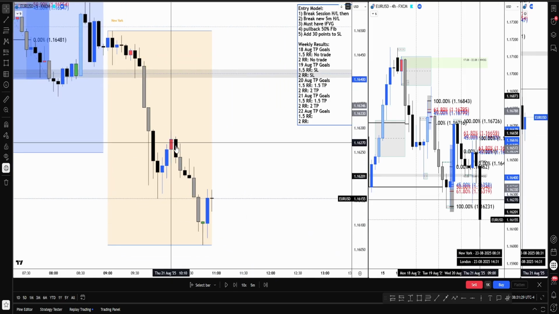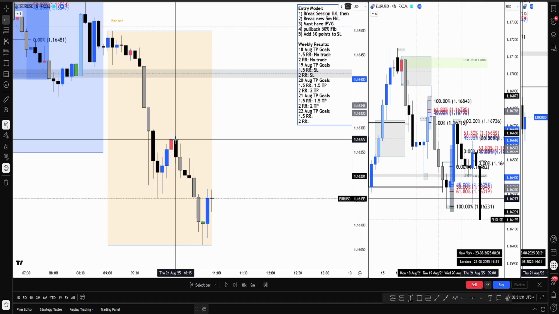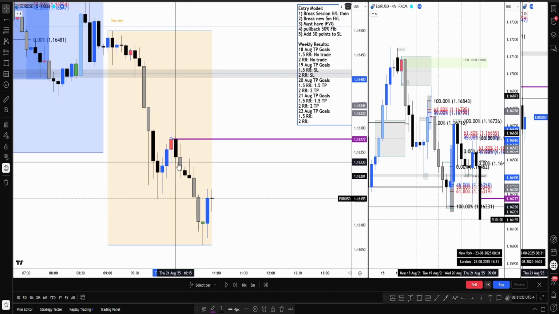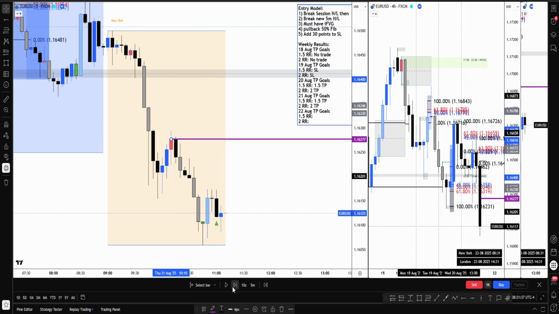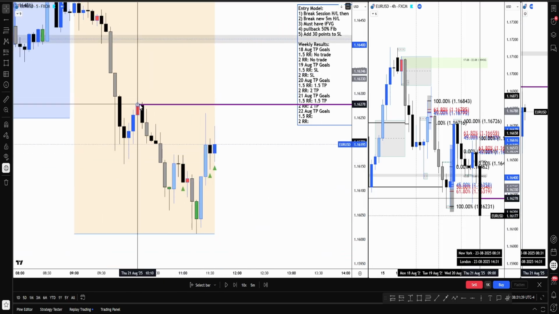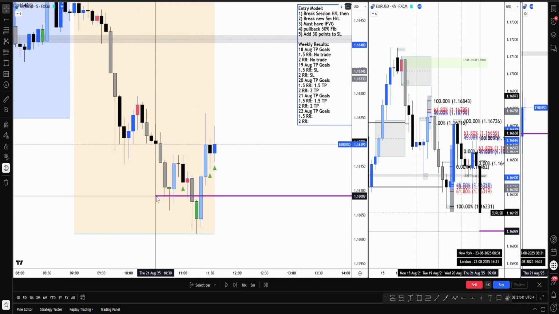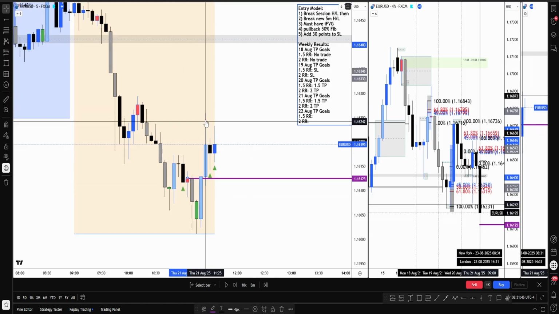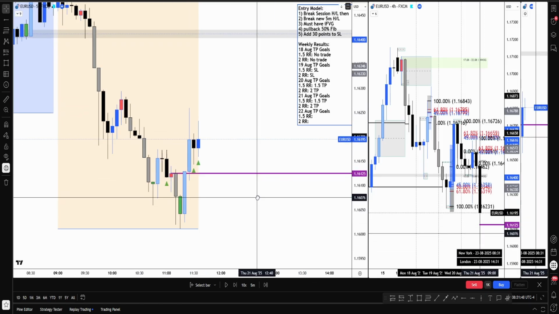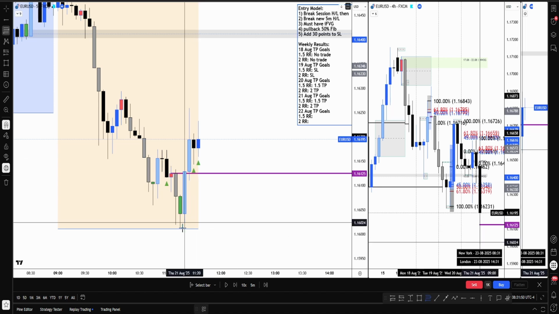We are still looking for a buy. There's the point of interest because here's a fair value gap, here's a fair value gap. Oh, we actually moved the point of reference to here because it broke this low. We went up here and now we are looking for a reversal.